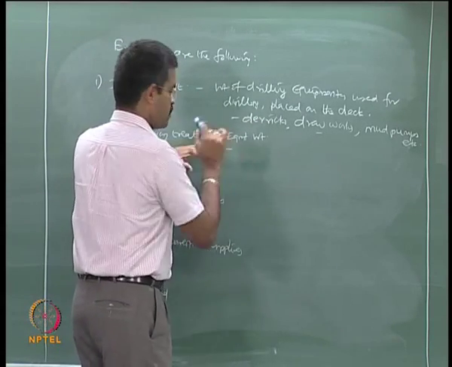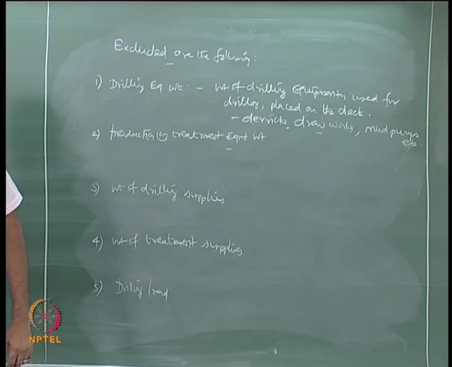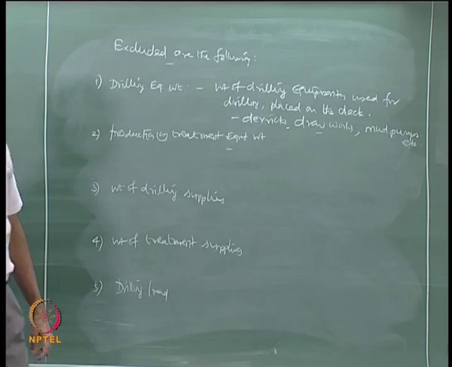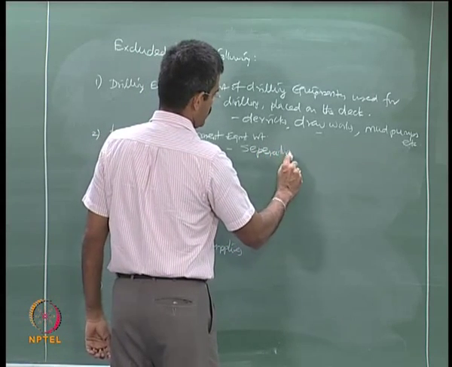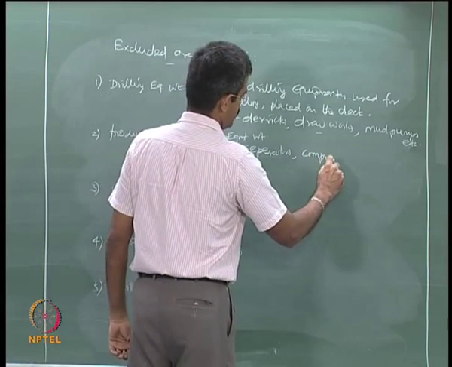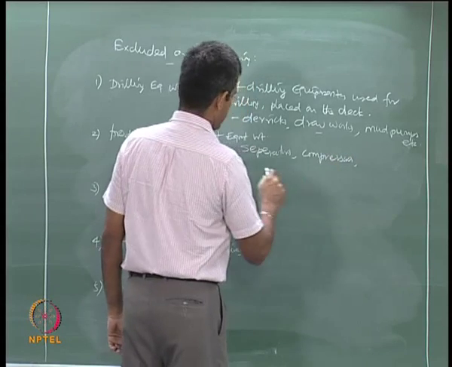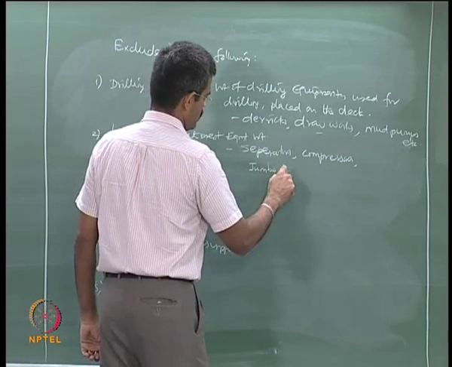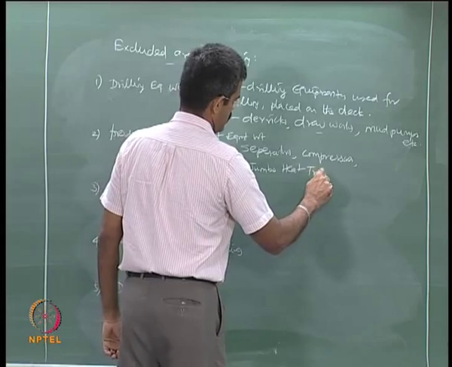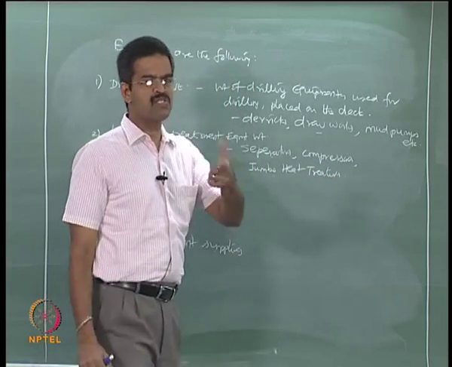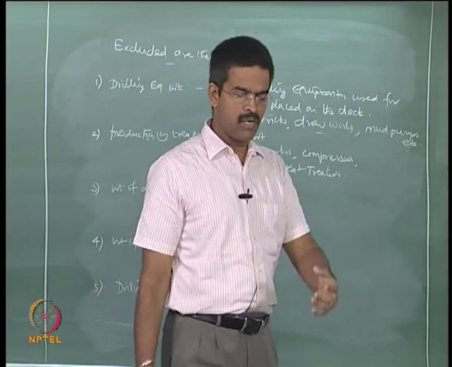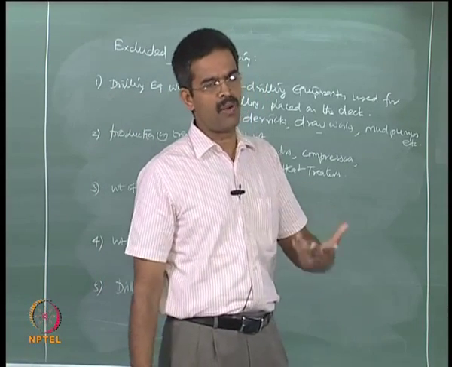Production treatment equipment includes, let us say, separators, compressors, jumbo heat treaters. These are all equipments which are required to process the oil that you get from the sea. Now, one may wonder, why should I process it?